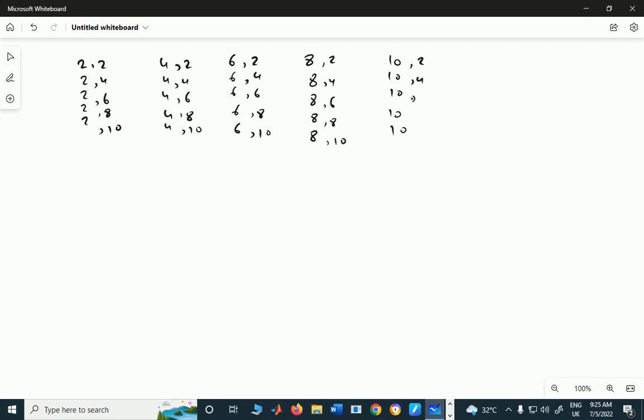So, these are the samples, and now we have to calculate arithmetic mean x bar from each and every sample.